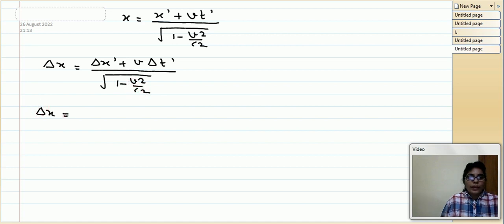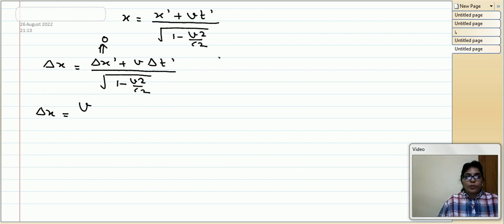Delta x dash is 0 because the observer is stationary at O dash, so this will be v into delta t dash, the time interval recorded between two pulses in the S dash frame.